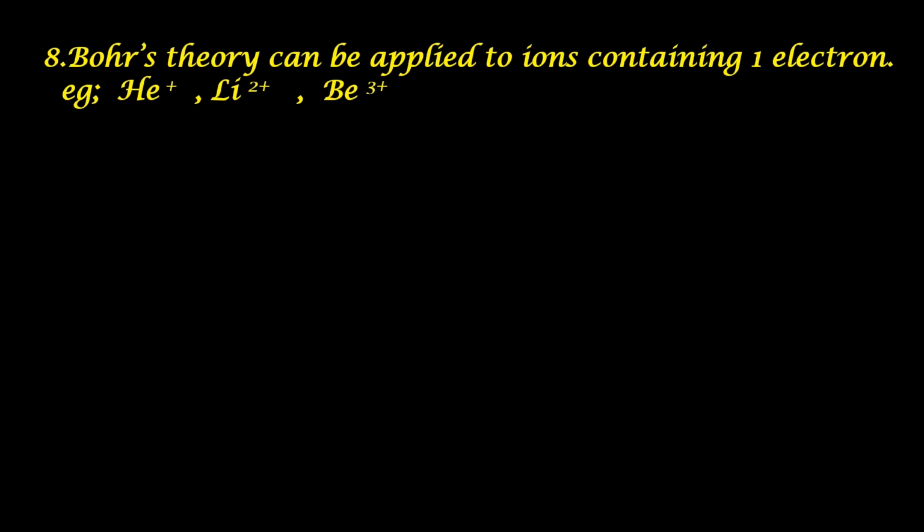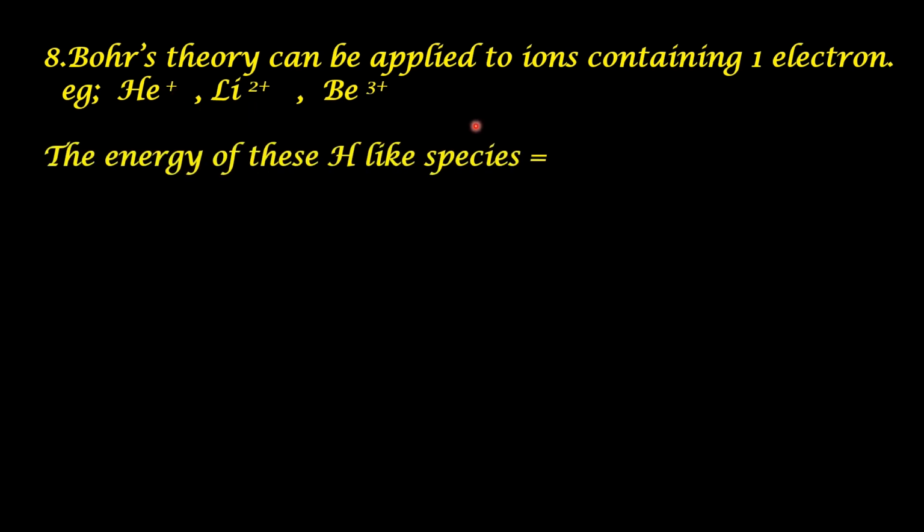Now the eighth postulate. According to this postulate, Bohr's theory can be applied to ions containing one electron. Example: helium plus, lithium 2 plus and beryllium 3 plus. These three ions contain only one electron like hydrogen atom. The energy of these hydrogen-like species also can be calculated by slightly modifying the formula.